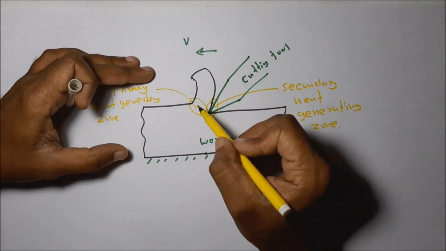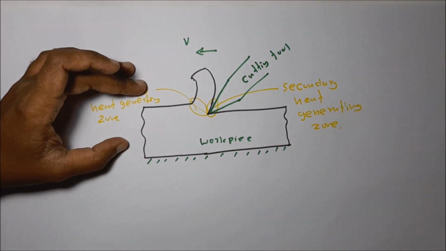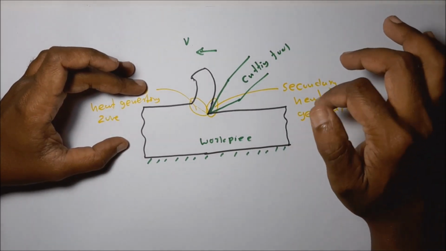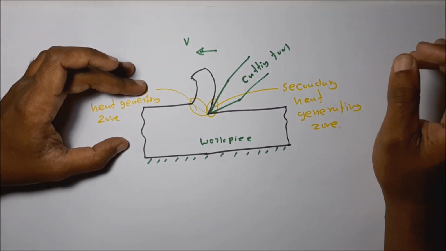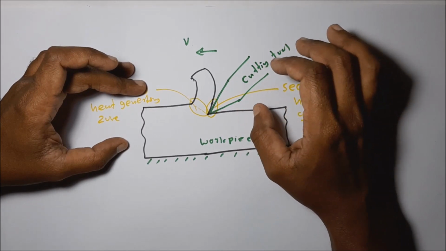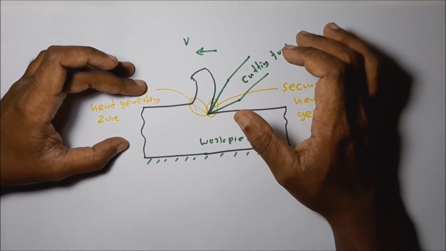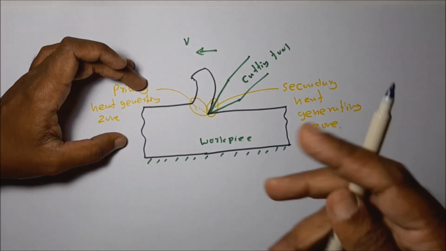In the primary heat generating zone, heat is generated due to the shearing friction. In the secondary heat generating zone, the heat is generated due to the rubbing action between the removing chip's bottom surface and the tool face. Okay, so today I am going to discuss first thing, built-up edge.